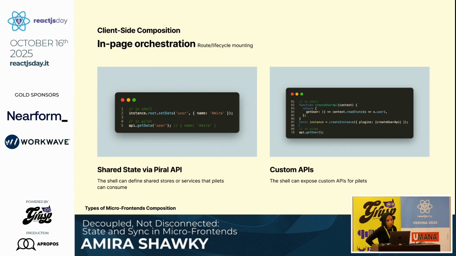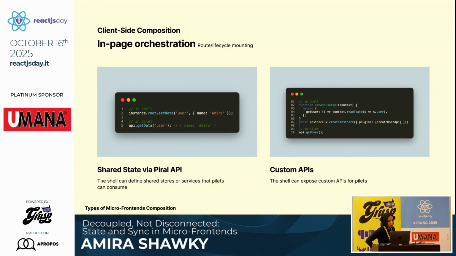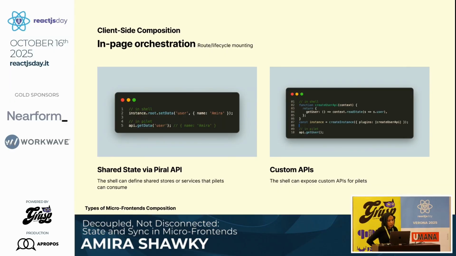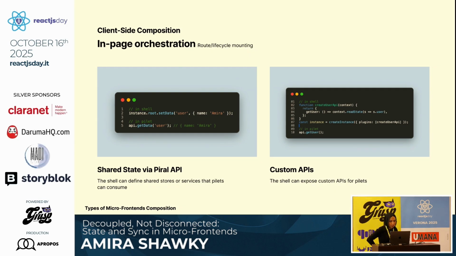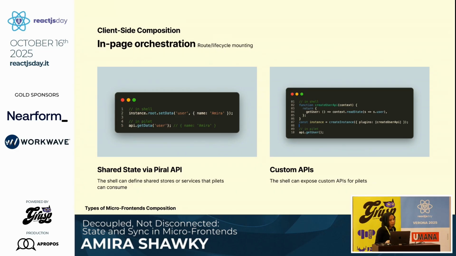As a first example, we can define a user object in the shell, then use it inside our pilet. But we can also share the state using a custom API, where the shell exposes it to the pilet. In the second example, we expose a function that gets us the user object and creates an instance of it, which we can consume in the pilet.